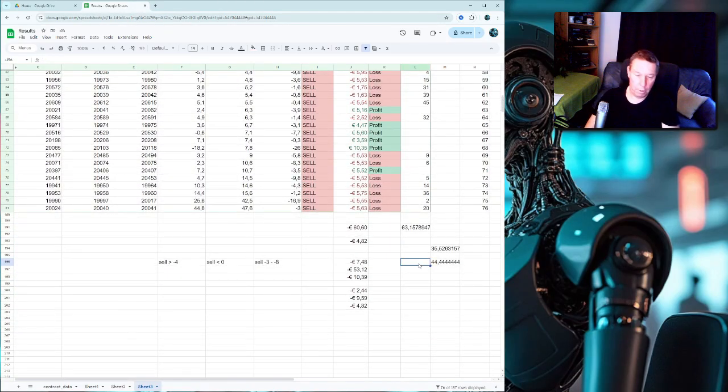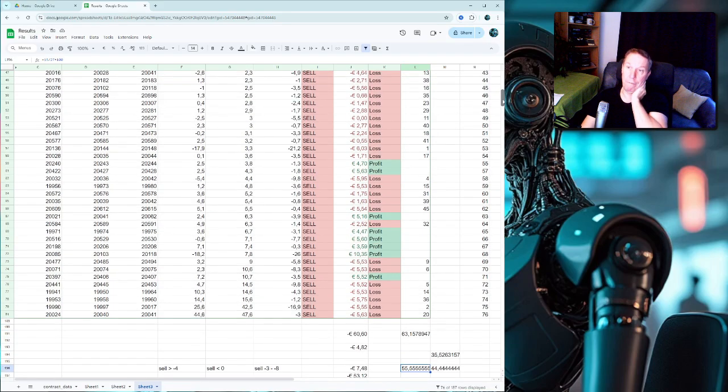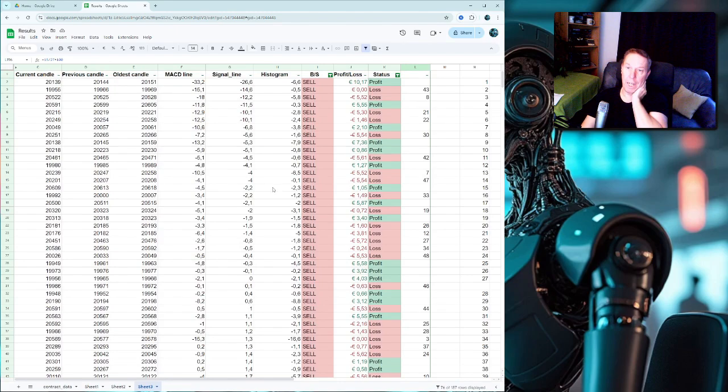So we do 15 divided by 27 times 100, equal sign, is a 55% chance. 50-50, 55. There was a 63% chance of a loss versus a 55% chance of a loss if we open a position if the signal line is at least smaller than 0.